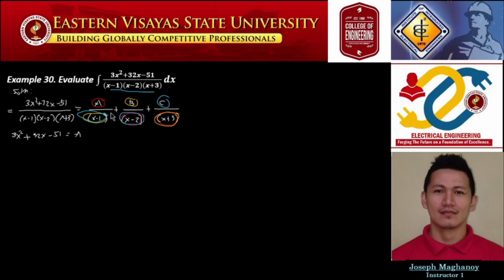So for A, we only copy x minus 2 and x plus 3, plus B. We copy the adjacent x minus 1, x plus 3, plus C, we copy A and B, so x minus 1, x minus 2.